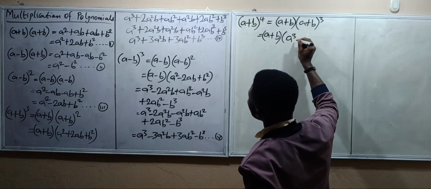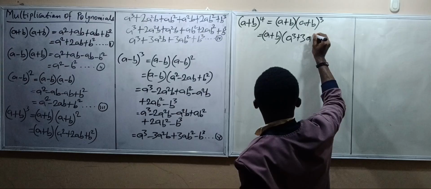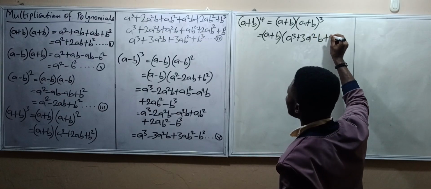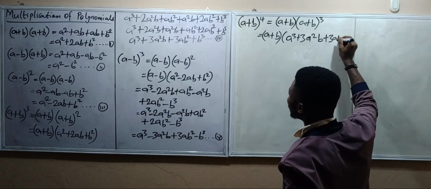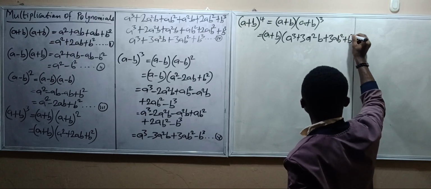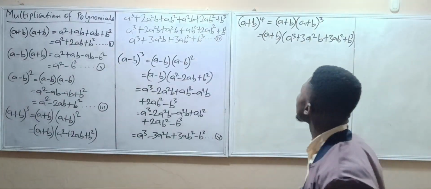So this one is multiplied by a³ + 3a²b + 3ab² + b³. So this is the one we are to open now.